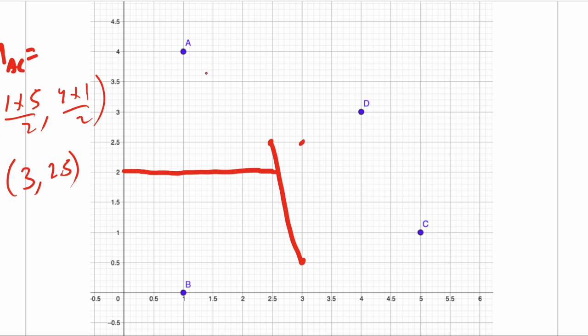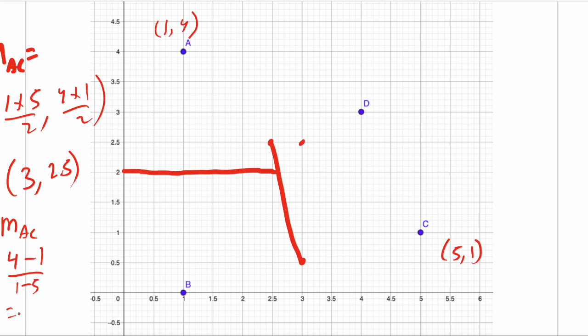Okay, and the slope, well, let's work it out. So little m is going to be, well, we use these numbers up here, basically 4 minus 1, so that's the y right there. Let's write down the coordinates. This is 1, 4, and this is 5, 1. So it is 4 minus 1 over 1 minus 5.